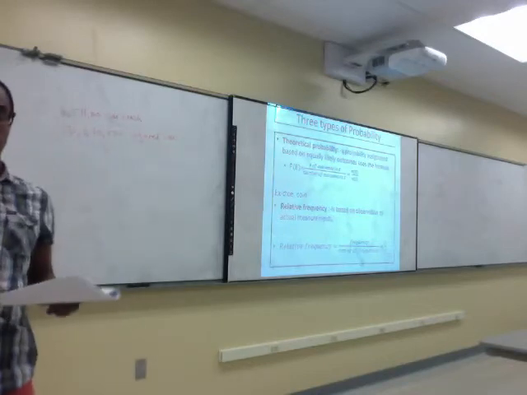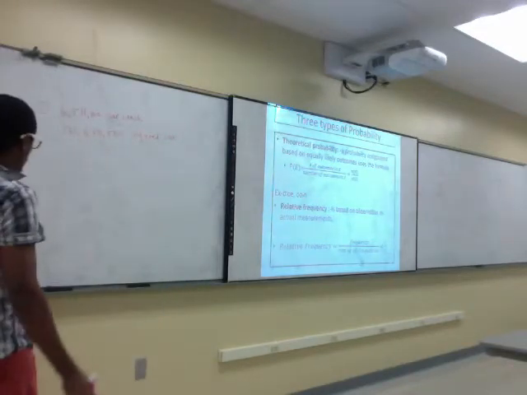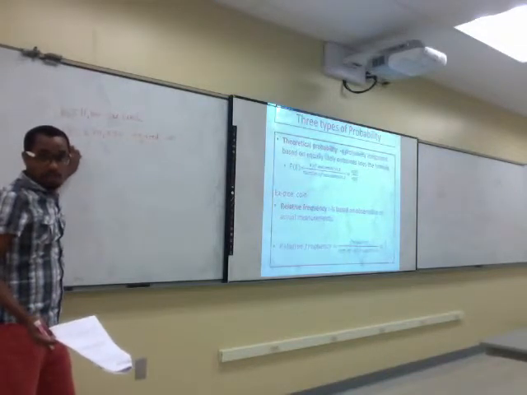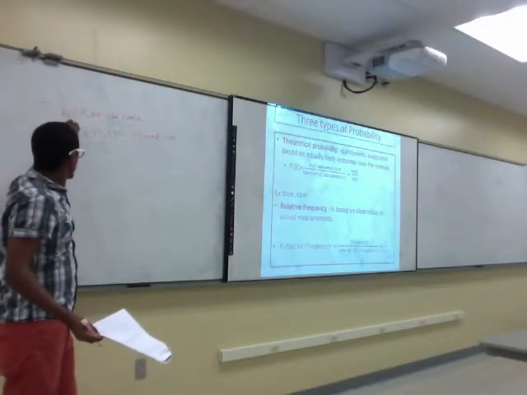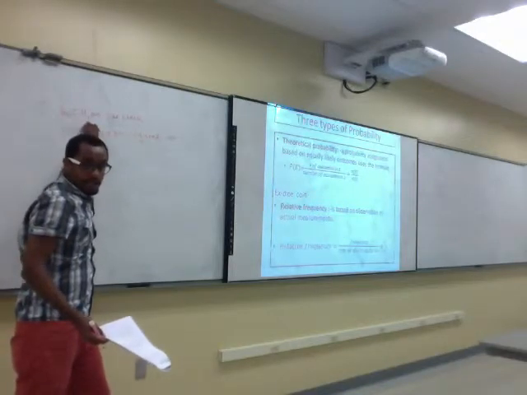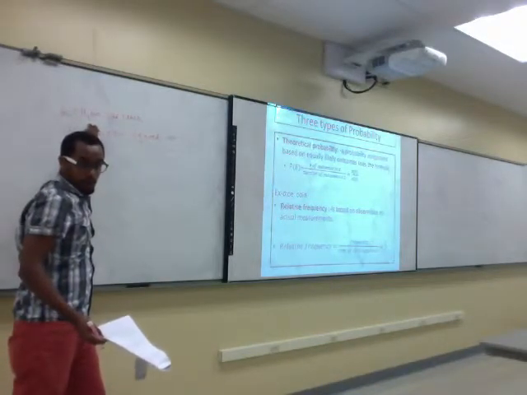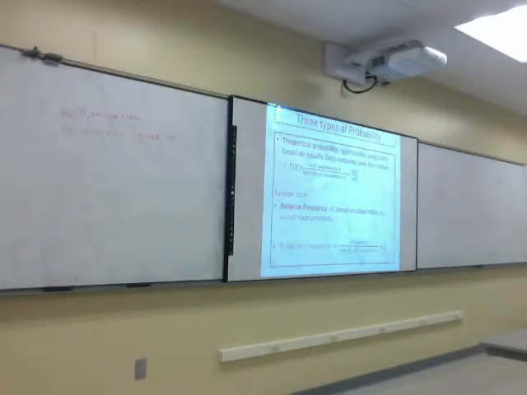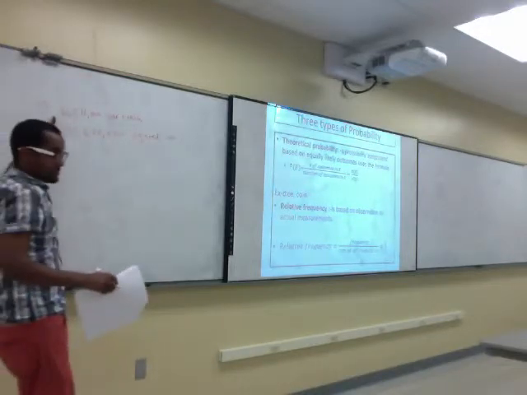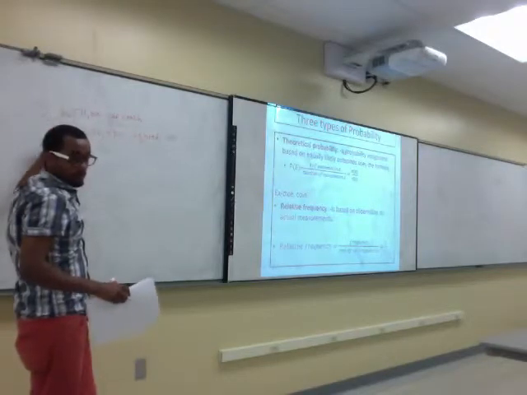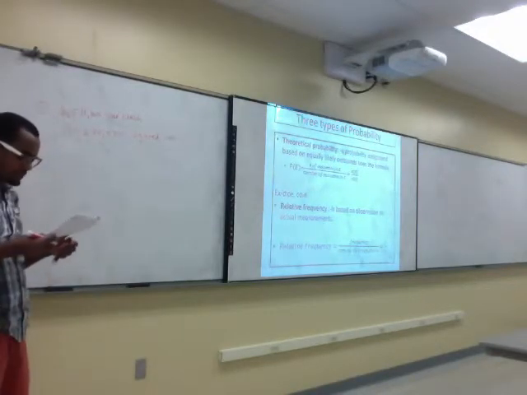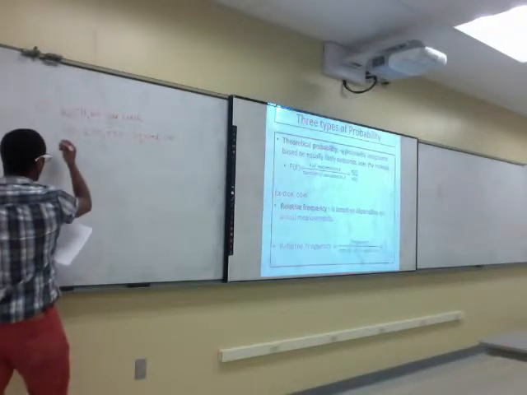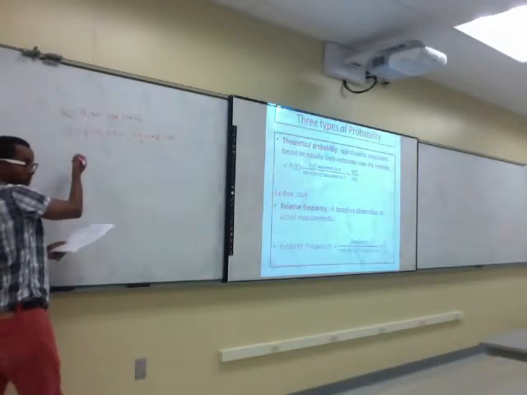So the question says that within 1 year, there are 135 million registered cars in this country. And that year, there were 6.5 million car accidents among the registered cars. So the question is, find the probability that a randomly selected car out of this population, if I select randomly, what is the probability of getting a car accident?